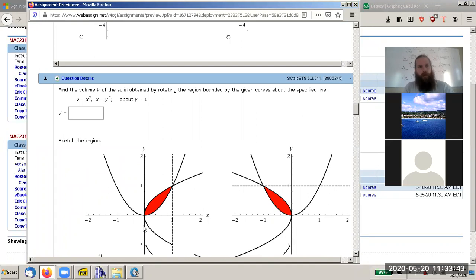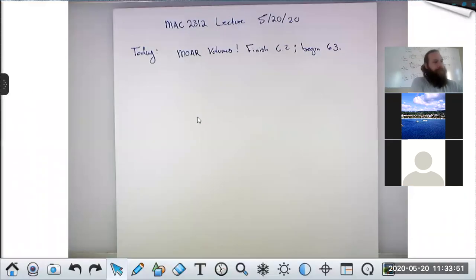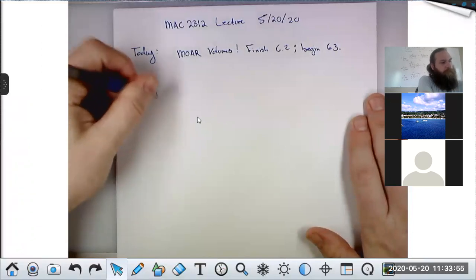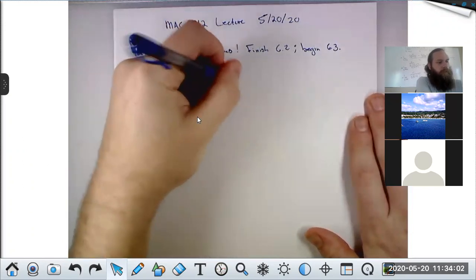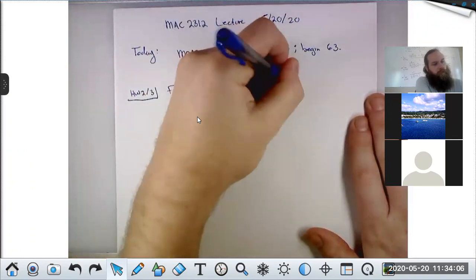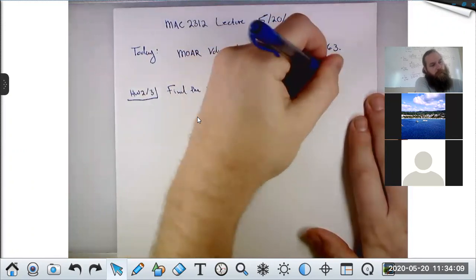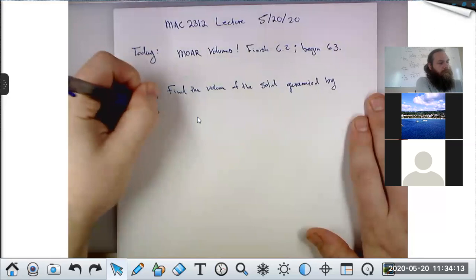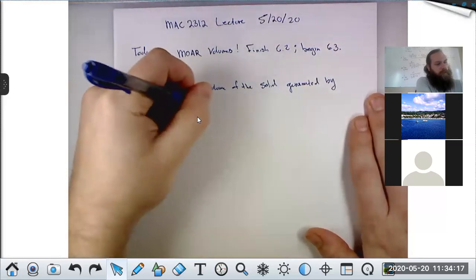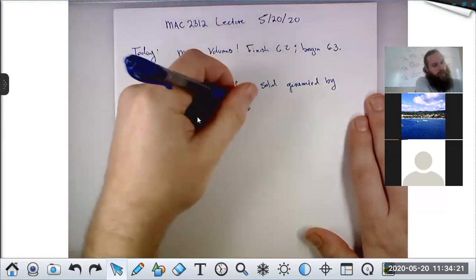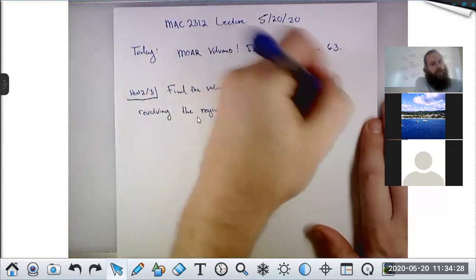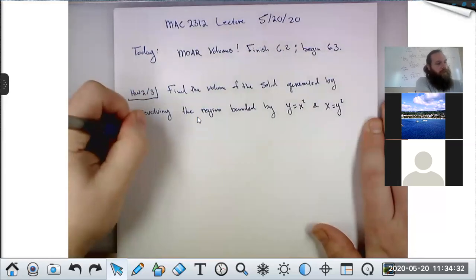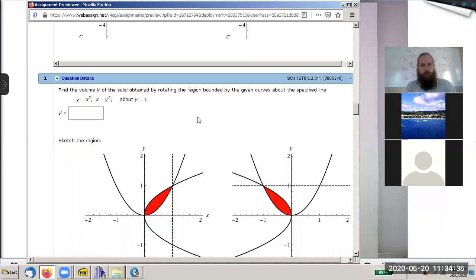So maybe I'll do this and then we'll take a look at that one. x equals y squared, y equals x squared, about y equals 1. About, what did I say, x equals 1? Yeah, no, y equals 1.